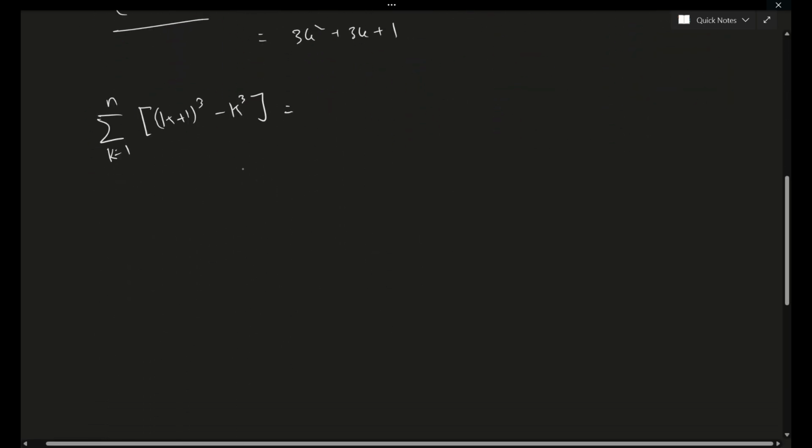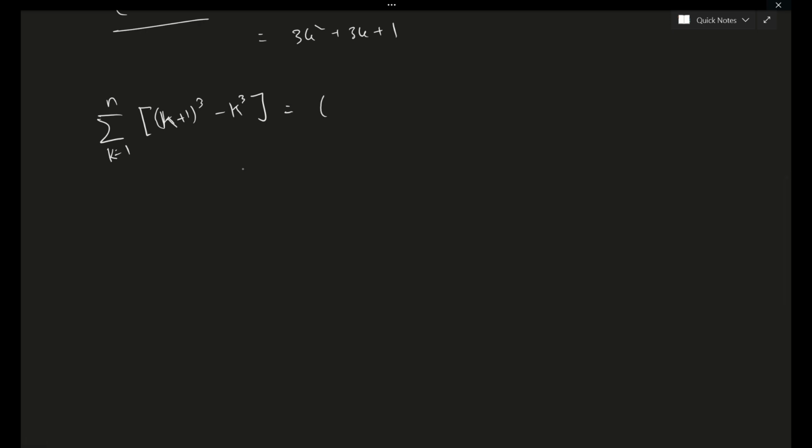When k equals 1, we will have 1 plus 1, which is 2 cubed, minus 1 cubed. Now we increment, so k equals 2. When k equals 2, k plus 1 is 3, and we cube it, minus 2 cubed. Now k equals 3, so 3 plus 1 is 4 to the power of 3, minus 3 to the power of 3.